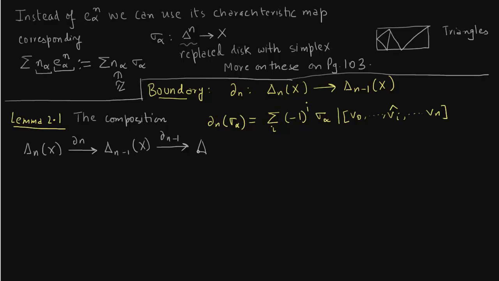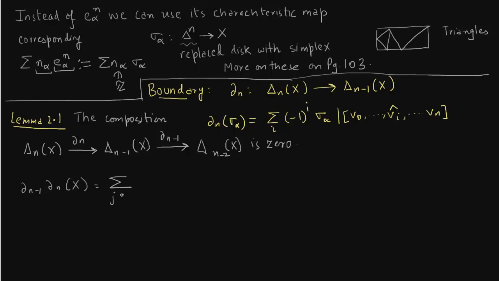This composition is 0. This is very important; this is actually the start of homological algebra. We say the boundary of a boundary is 0. So you first apply the boundary on Delta n, then on Delta n minus 1.